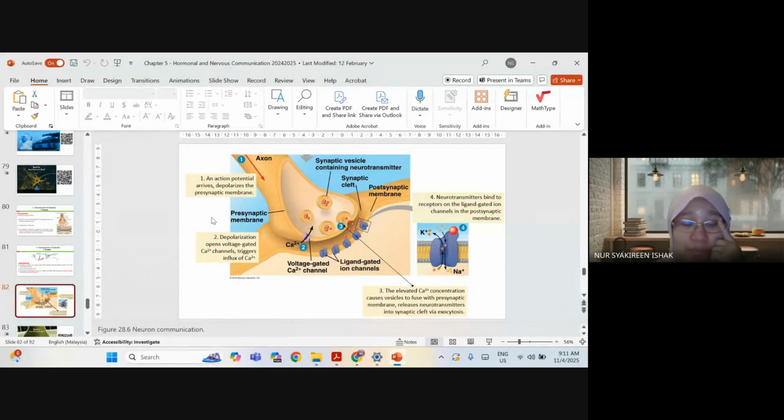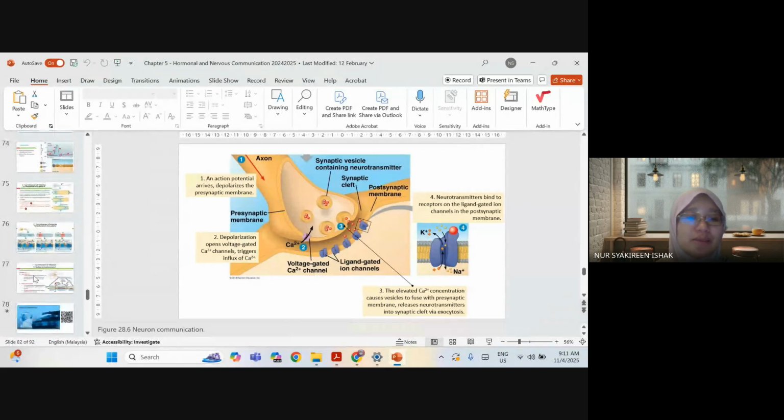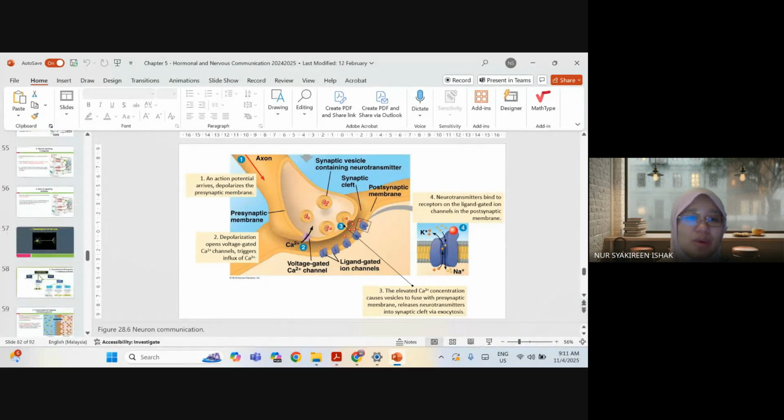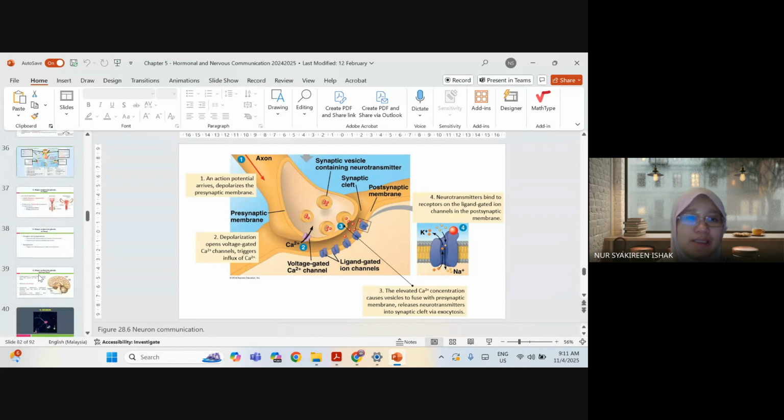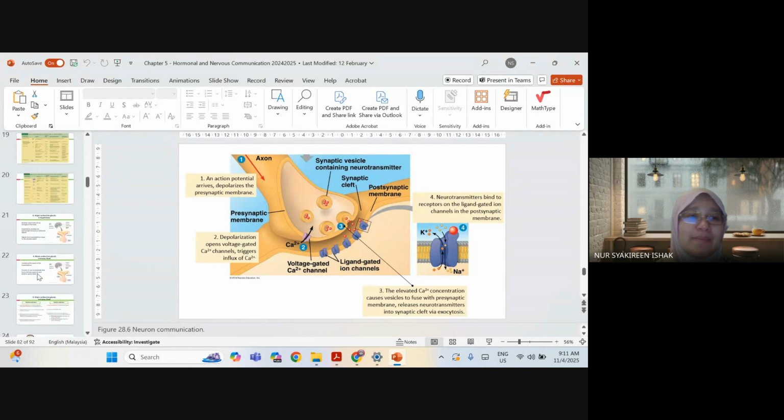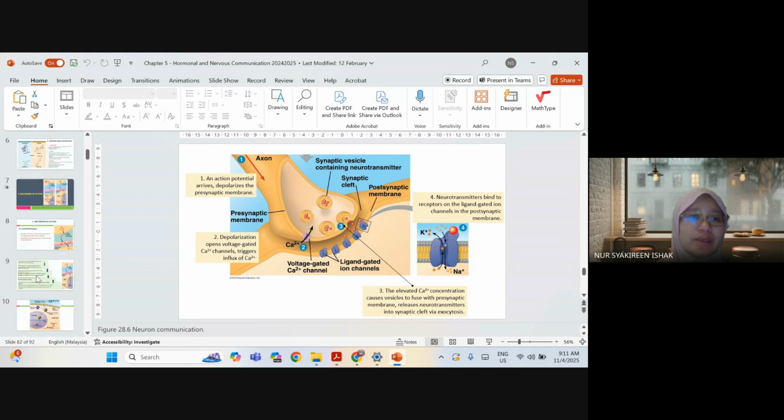Kat sini nampak kan? So this is the axon terminal, and the calcium is also involved in the transmission of impulse from one neuron to another neuron. So calcium is really important for your body. Walaupun kita dah takkan tinggi dah macam tu, tapi we also need calcium.